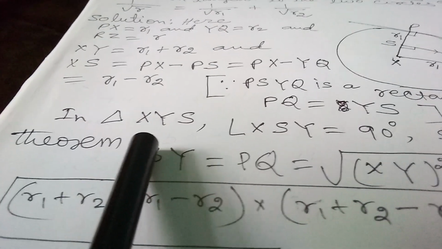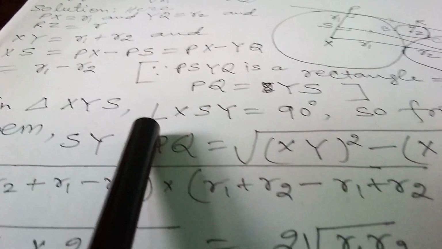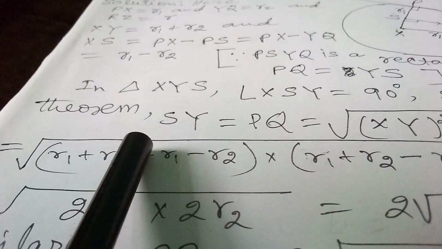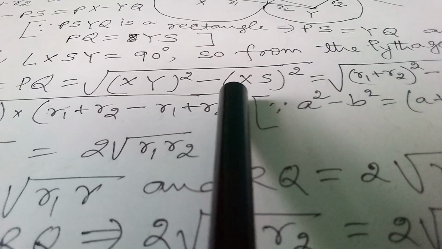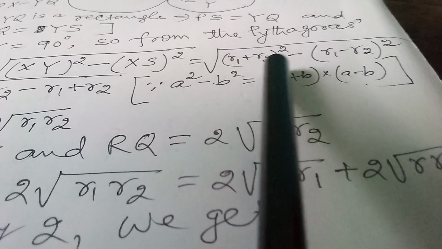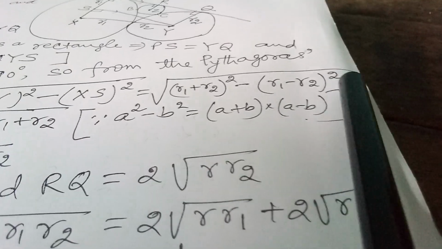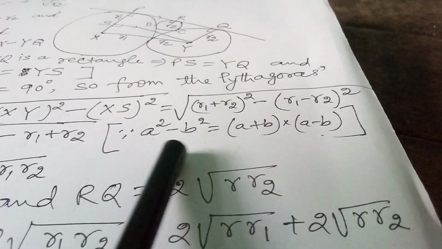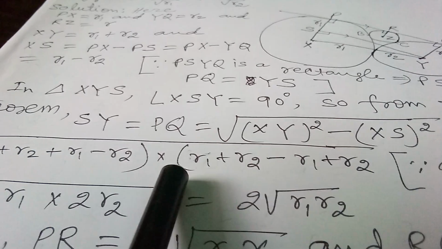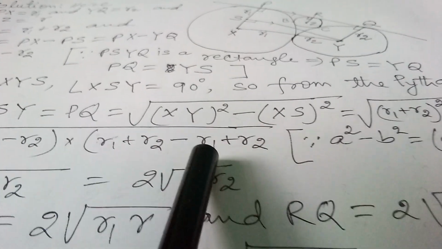Now we take triangle XYS. Angle XSY equals 90 degrees. So from the Pythagoras theorem, SY equals PQ, that equals square root of XY square minus XS square, that equals square root of (r1 plus r2) whole square minus (r1 minus r2) whole square. And you know one formula, A square minus B square equals (A plus B) into (A minus B), so we write (r1 plus r2 plus r1 minus r2) into (r1 plus r2 minus r1 plus r2).